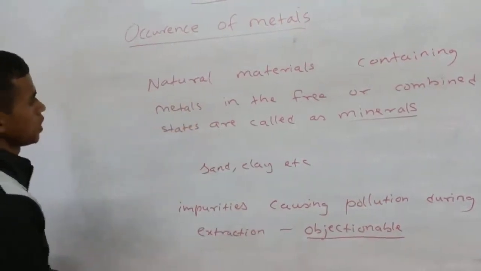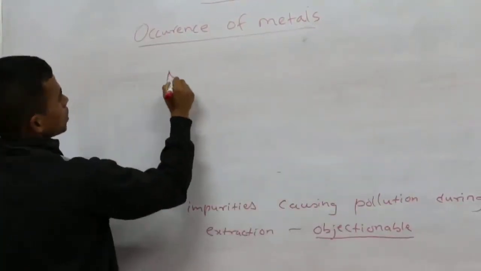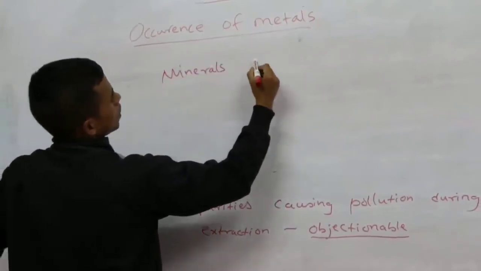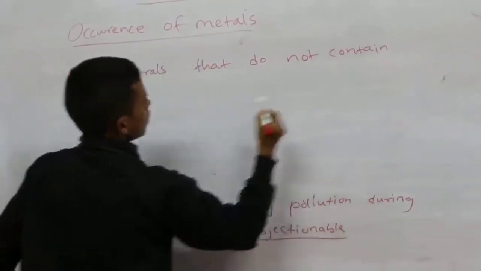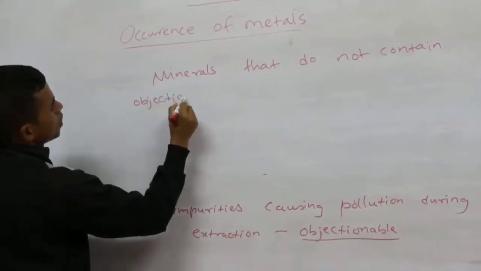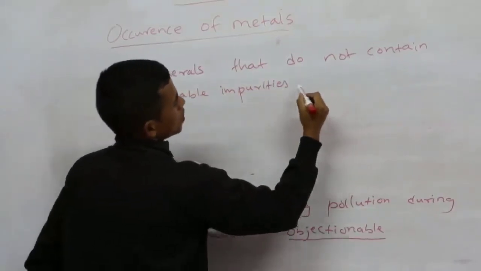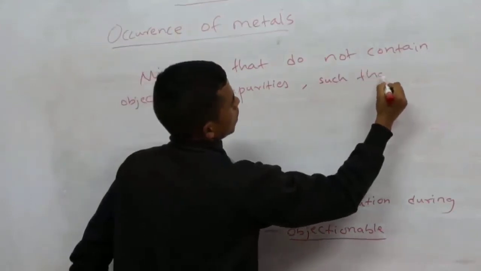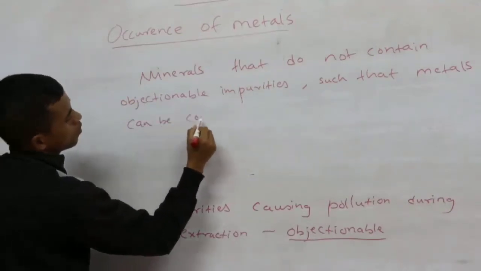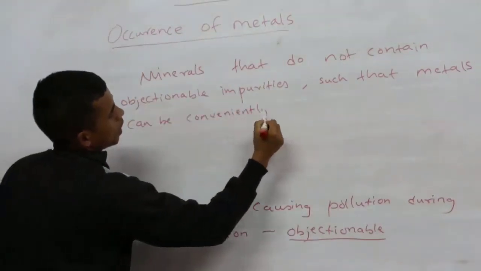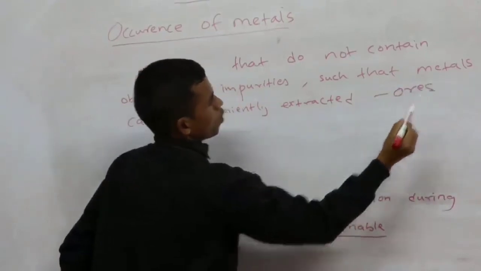And those minerals, let me write here, minerals that do not contain the objectionable impurities, such that metals can be conveniently extracted, are called ores.